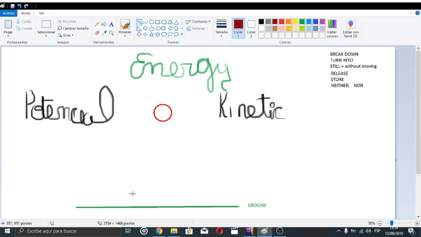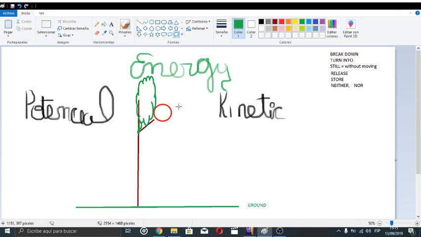Obviously we have to draw a tree like this, and this apple is going to fall down. That is the story.